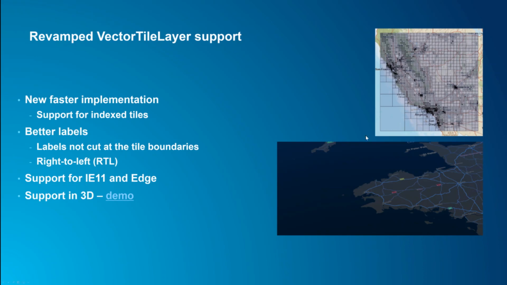We improved the right to left support, and also tile boundaries. Before, some of the labels were cut at the tile boundaries, so this is fixed. We support IE11 and Edge, and we also added support for vector tiles in 3D.